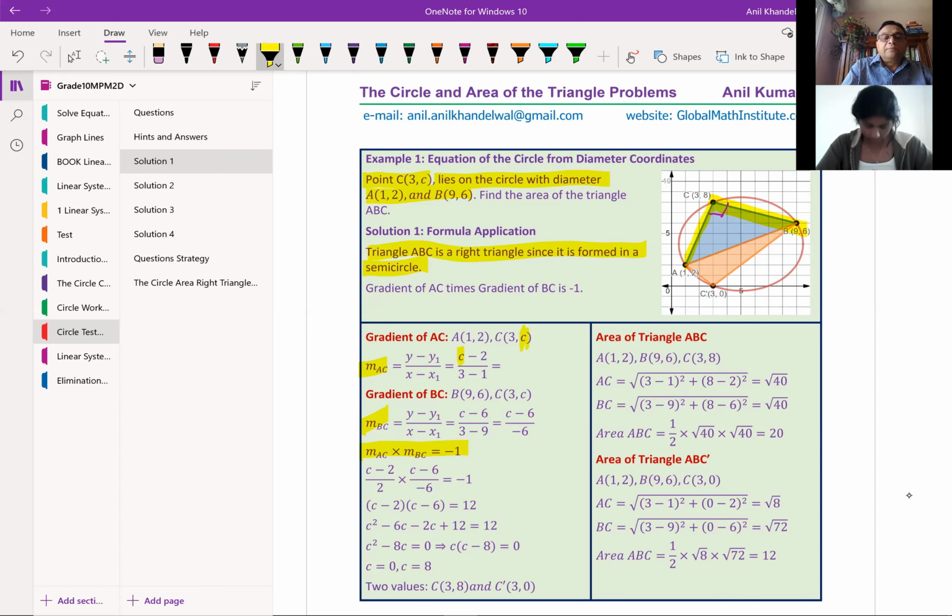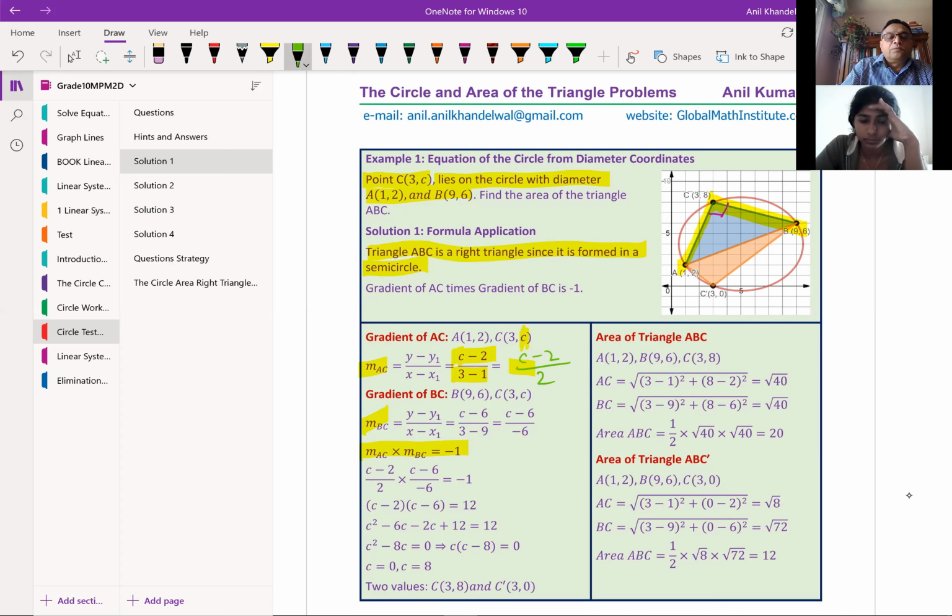So we have on the top C minus 2, those are the y values, divided by the x difference 3 minus 1. Correct. So that is what we get. I didn't complete it here, but anyway, I had to write C minus 2 over 2, right? Okay. So basically, this is C minus 2 over 2.